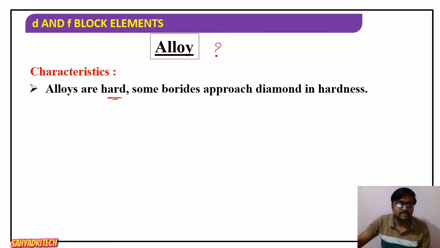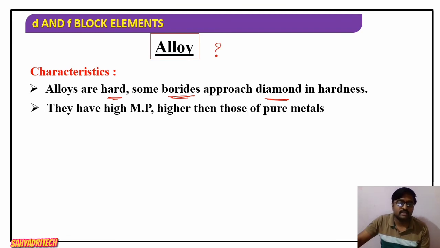Some borides, a kind of alloy, even approach the diamond in hardness. We say diamond is the hardest substance, but whatever alloy is prepared, a kind of boride, even approaches the diamond in its hardness. So the first characteristic is that alloys are very hard in nature.